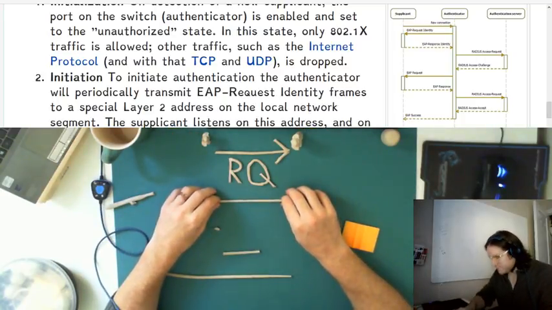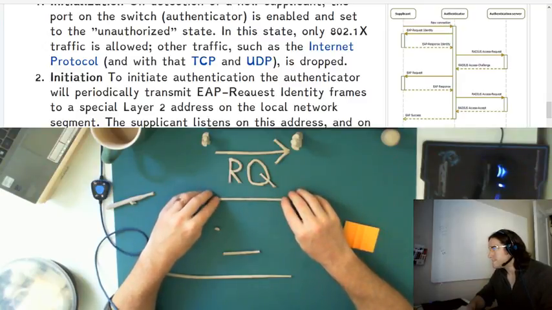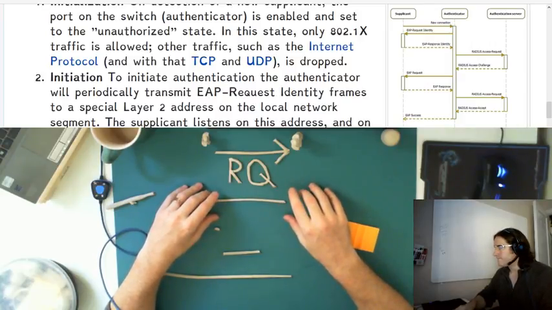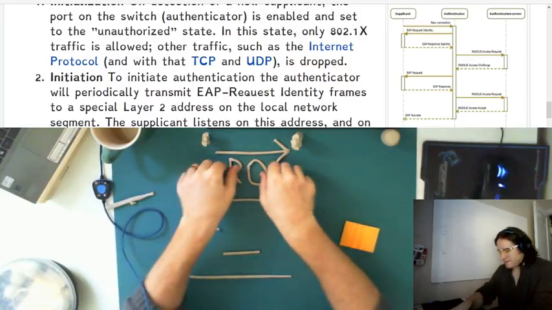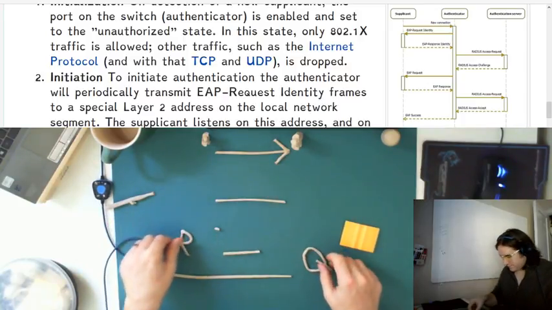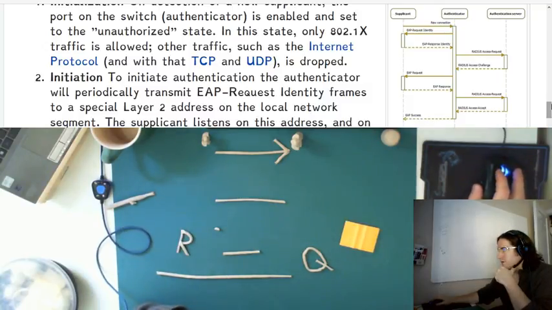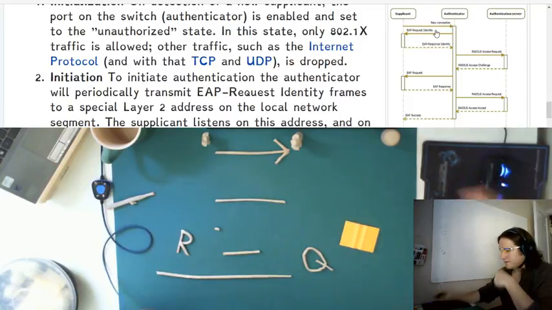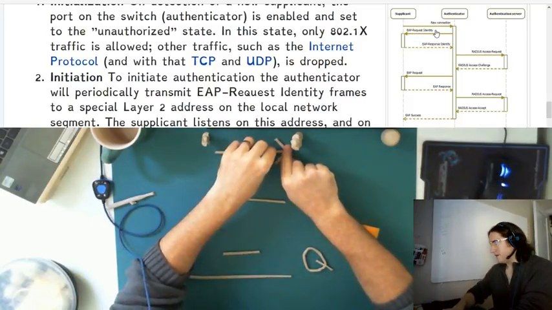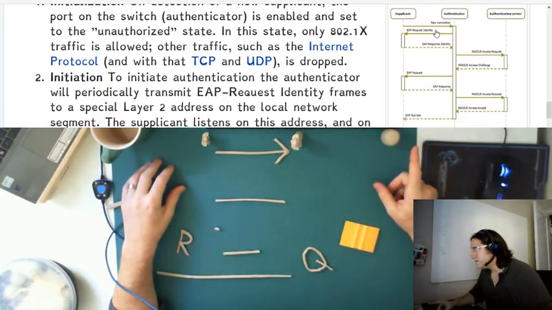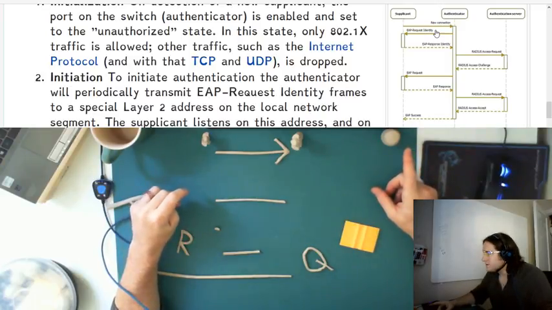Then this, no. Okay, that is wrong. So there's no connection. So I first send, the authenticator sends the identity request. No. Request identity, response.